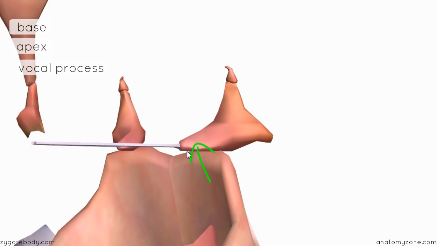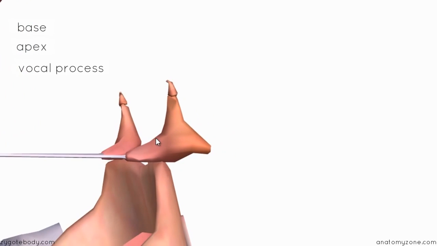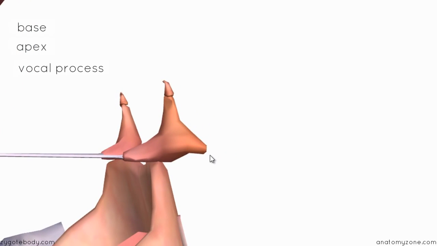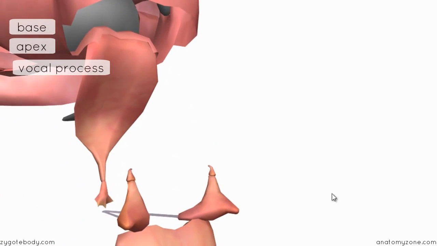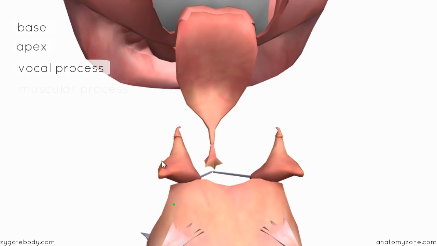So this is called the vocal process, which serves as the point of attachment for the vocal ligament, which is shown on this model here. And then you've got this process sticking out posteriorly and laterally. So I'll just rotate it around to the back, and you can see this process, which is called the muscular process. And this serves as the attachment for the posterior and lateral cricoarytenoid muscles.